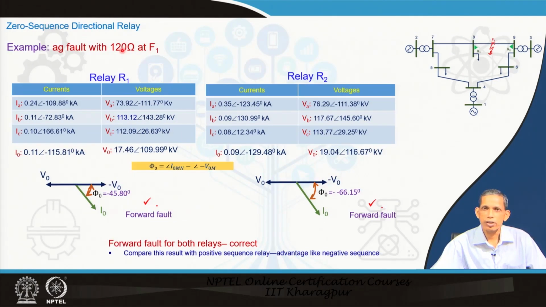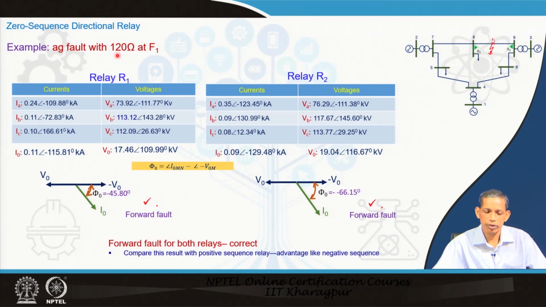With high fault resistance, as already mentioned for the negative sequence component, the zero sequence component approach is not affected. So we will see what happens in this situation. For R1, the corresponding I0 has an angle of minus 115.81, V0 has 109.99 degrees, and phi 0 computed by these relations comes out to be minus 45.80 degrees, a negative angle, forward fault.